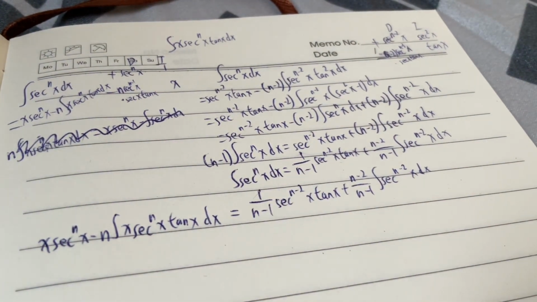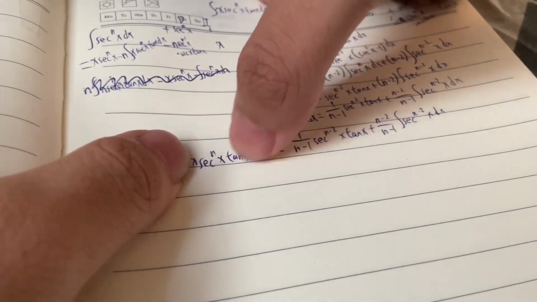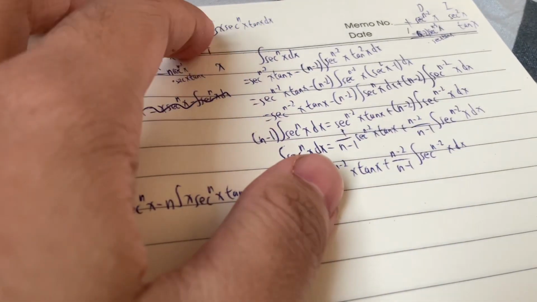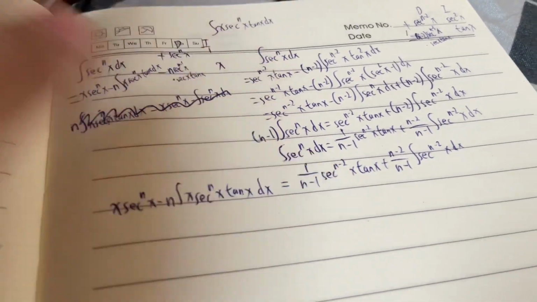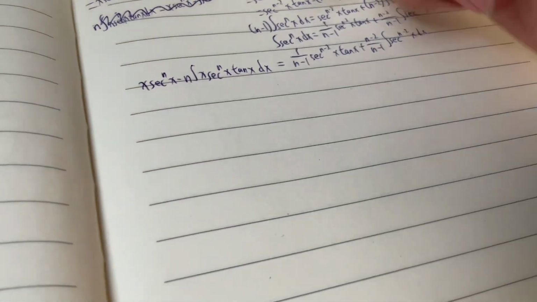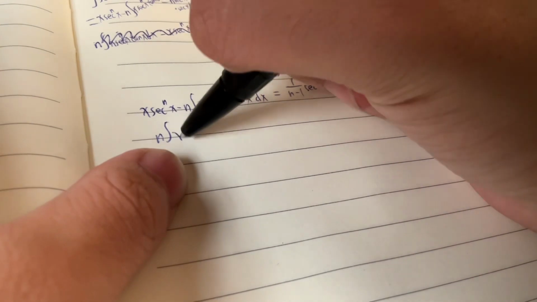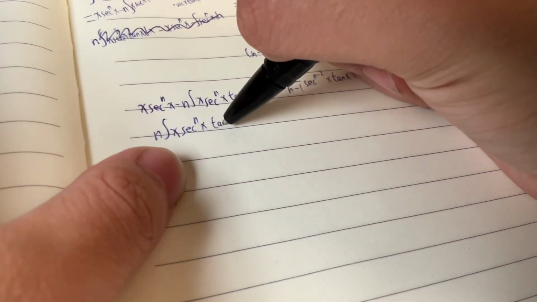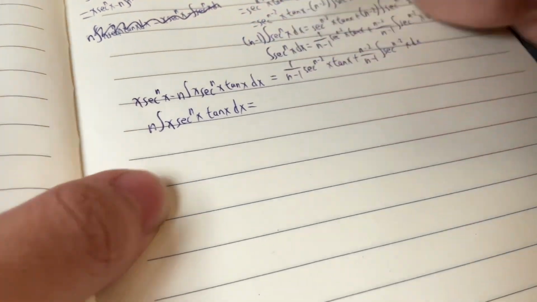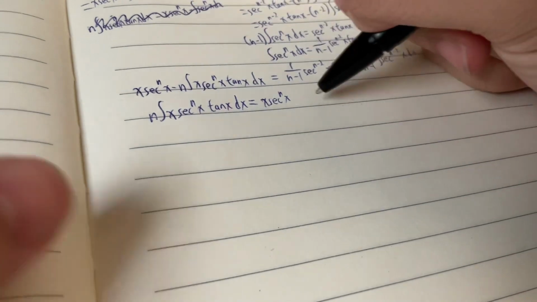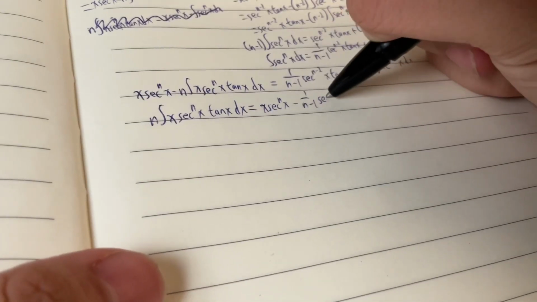So first, we let this be our subject, so we can find the reduction formula of this form, the integral of x times secant power of nx tangent x. So move this to the right hand side: n times the integral of x times secant power of nx tangent x dx will be equal to x times secant power of nx, and then just subtract. It becomes that.